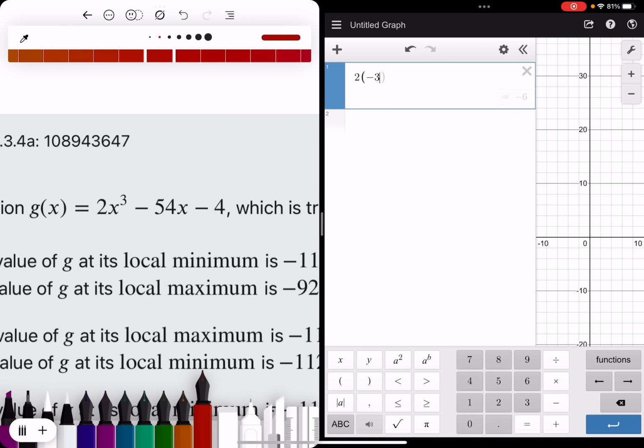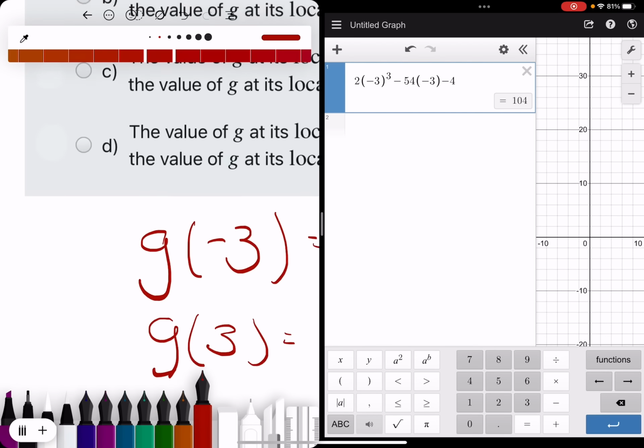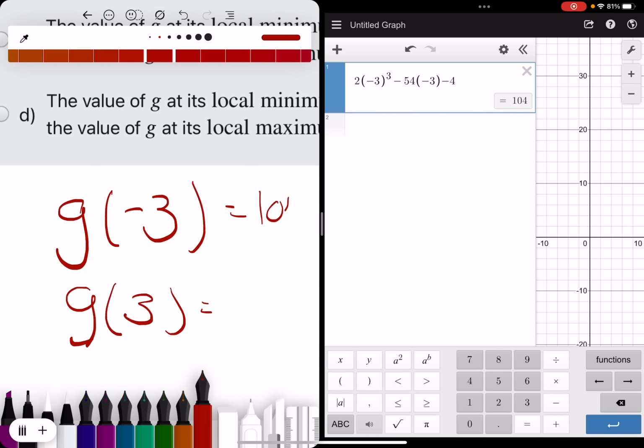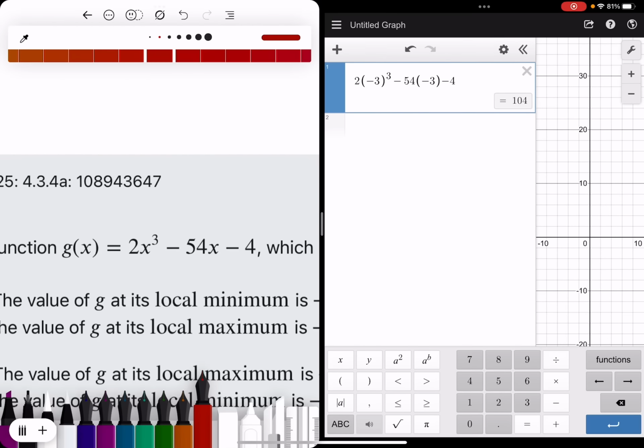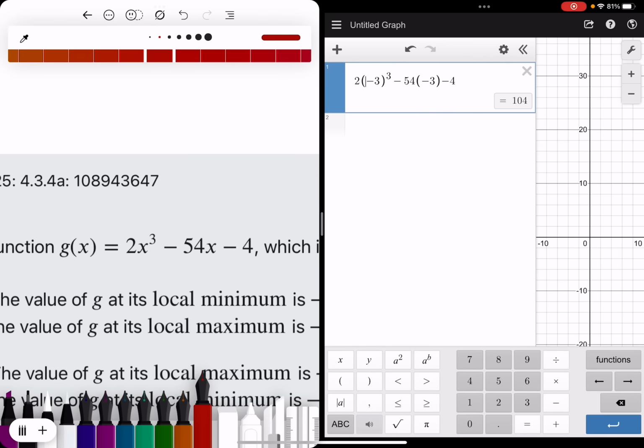Starting with negative 3, we get 104. Now, replacing the negative 3's with 3's, or just eliminating the negatives, we get negative 112.